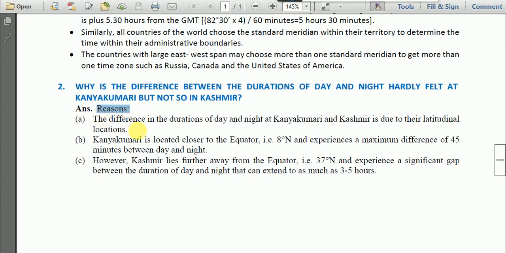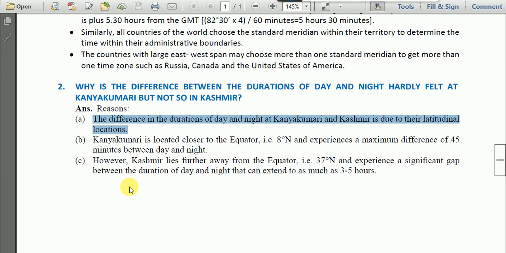Here, reasons are given. So, number one reason is that the difference in the duration of day and the night at Kanyakumari and Kashmir is due to their latitudinal location. So we have learned that Kanyakumari is located near the equator and Jammu and Kashmir is far away from the equator.